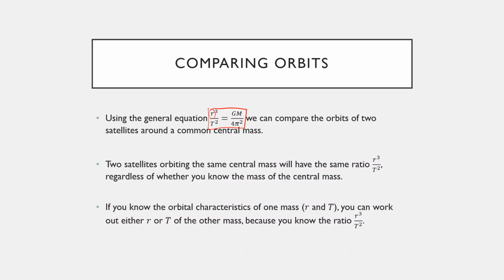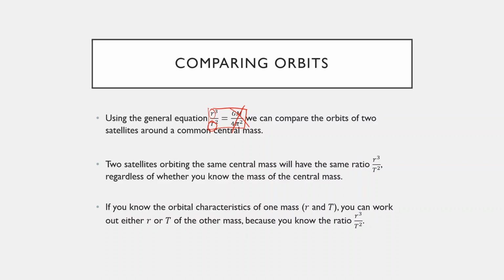If you know the orbital radius of planet A and the orbital period of planet A, and you also know the orbital radius or the orbital period of planet B, you don't have to use this at all to work out the fourth unknown quantity, okay?